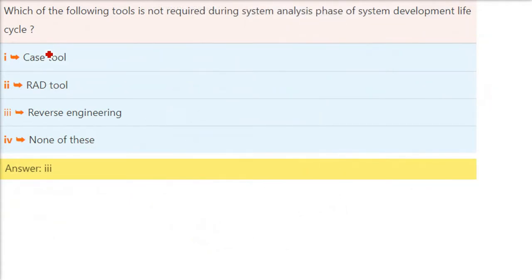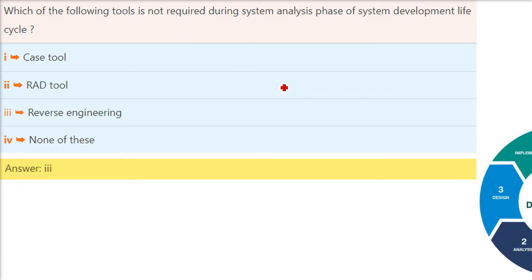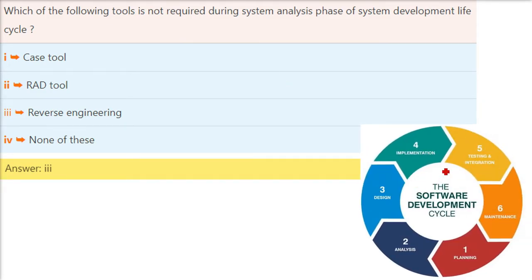Which of the following tools is not required during the system analysis phase of SDLC, software development life cycle? In SDLC, as I just showed you, there are proper phases. In every phase, we create new documents. There are work products being created. So CASE tool, computer aided software engineering, is required, and rapid application development tool is required. Reverse engineering is not required because reverse engineering is part of implementation, and it is one of the parts of software re-engineering.